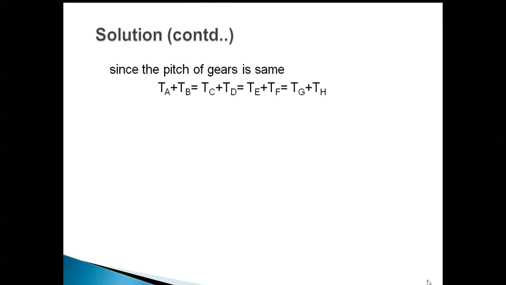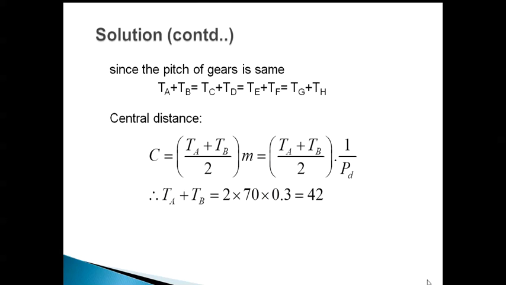Here d can be written as M into T, so the module for each gear is the same. Then TA plus TB equal to TC plus TD equal to TE plus TF equal to TG plus TH. Now the center distance is given in the problem.